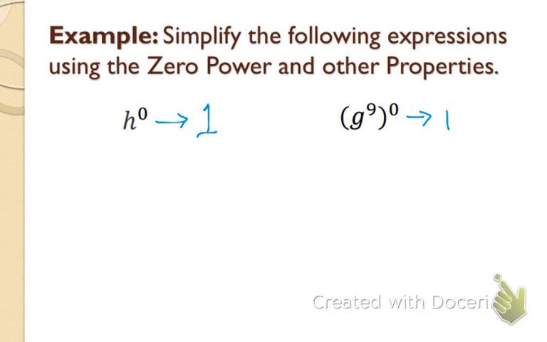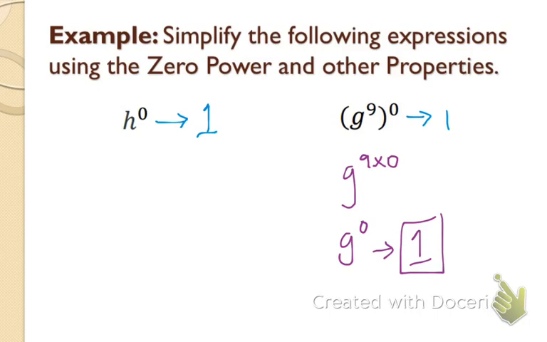But we've got to prove it. So we're going to apply the property that we just learned, the power of a power. Here we have g to the 9th raised to the 0. The rule says multiply them. So if I multiply both powers, I get a 0. Now I can say, okay, my answer is definitely 1.